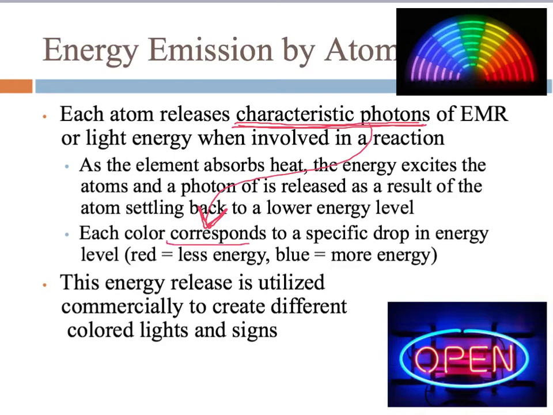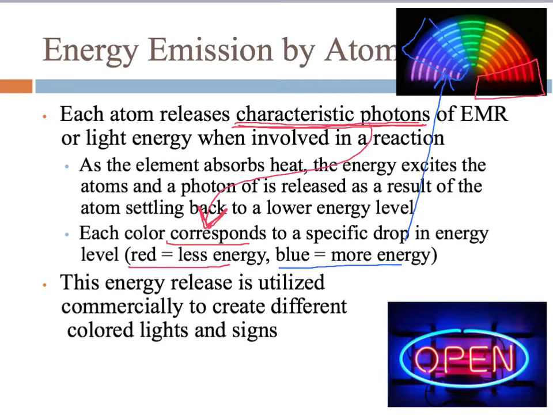So if, say, a red or low energy photon hits an electron and knocks it off course, what we see is this release of red light. If it's a high energy, say blue, photon, and it knocks an electron off course, that electron takes on some of the energy from the photon that bombarded it, and then it releases it as it moves. And we see that as a release of blue light.